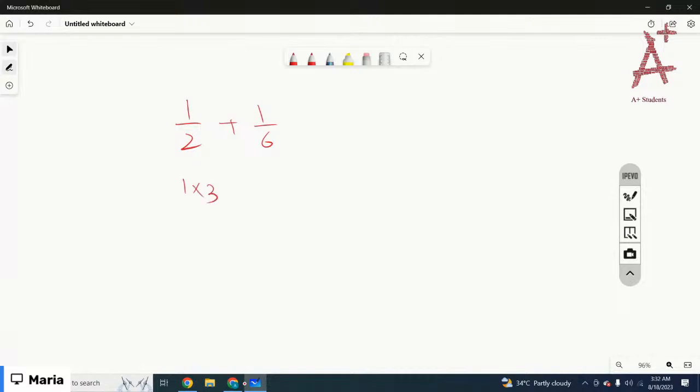It would be 1 times 3 divided by 2 times 3 plus 1 over 6. 3 times 1 is 3 and 2 times 3 is 6. So they have like denominators. You simply need to add their numerators. 3 plus 1 is 4 over 6, right?